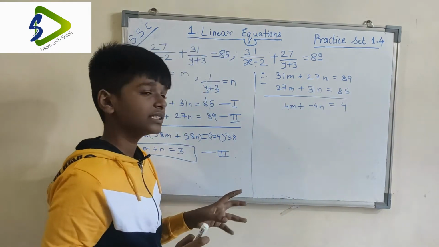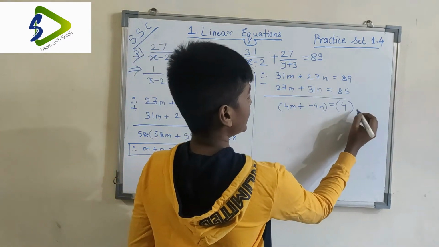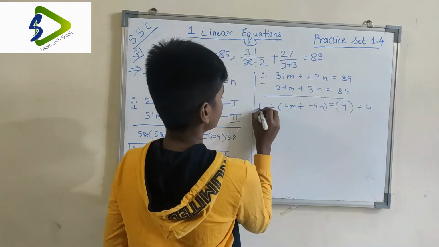So 4m minus 4n will be 4. So now let's divide this equation by 4.